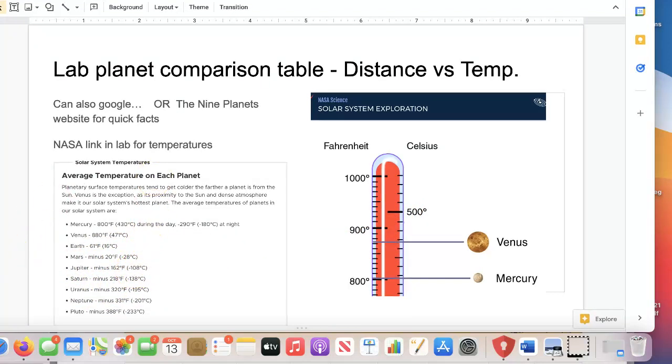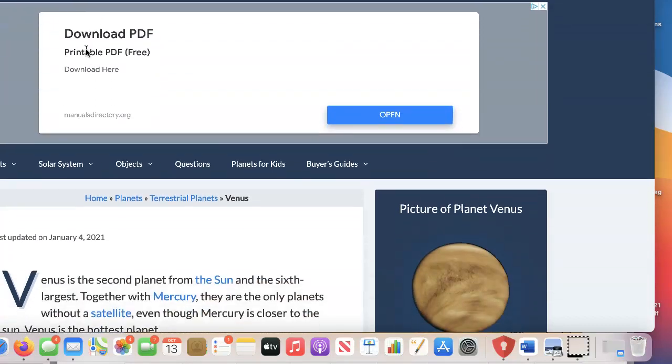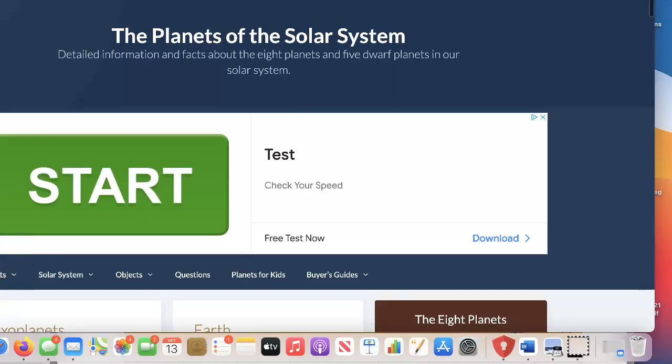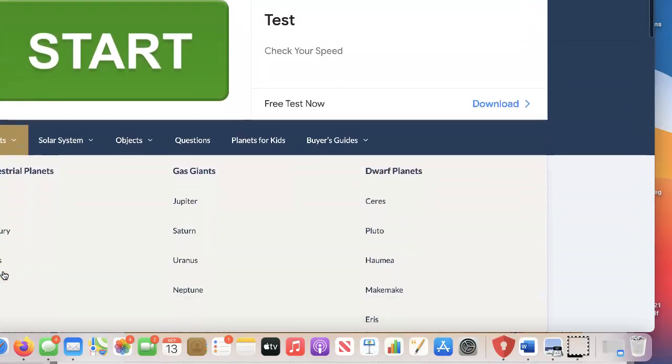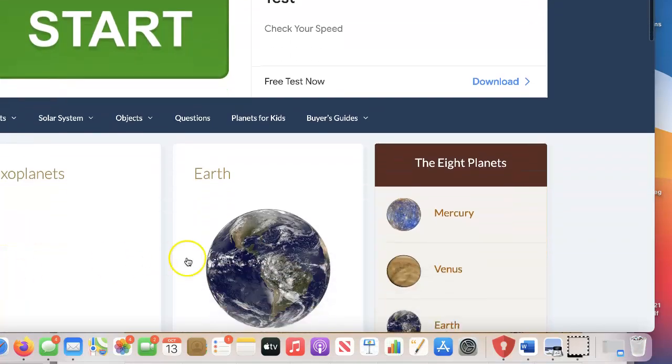There's also the 9 Planets, which is a really nice website. If you go to the 9 Planets, you can click on the planet part, which is over here. You could click on whichever planet you want. They want to try to sell you things, but here's Mercury.